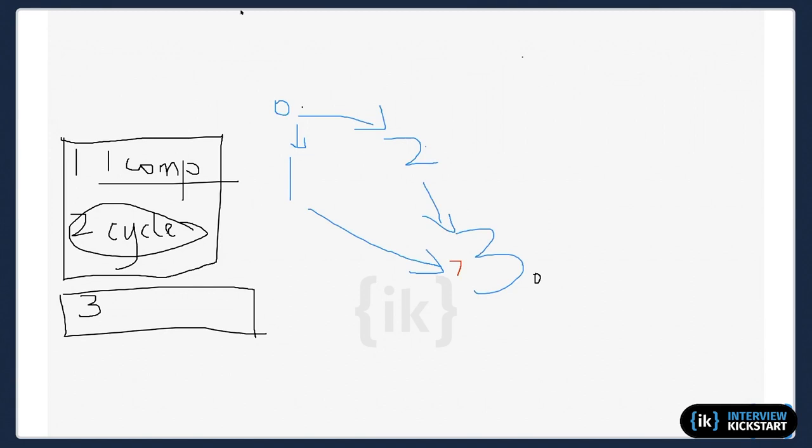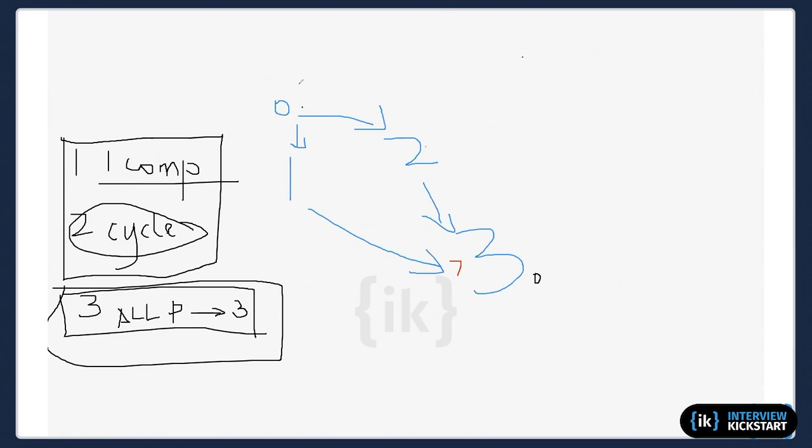Let me write it down. Okay, all paths can get to 3. I'm thinking, how can I do this along with the same traversal for the first two checks?